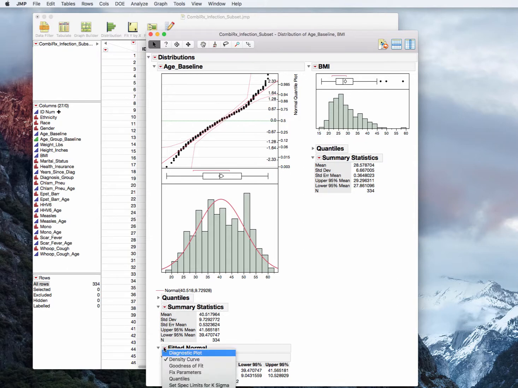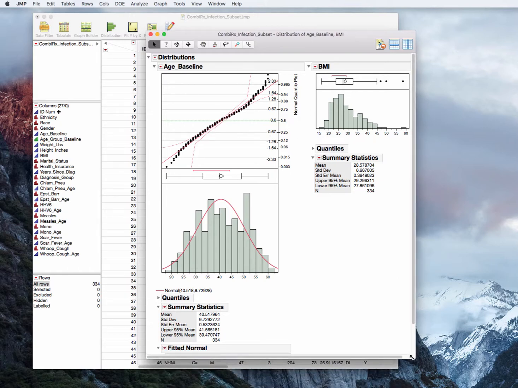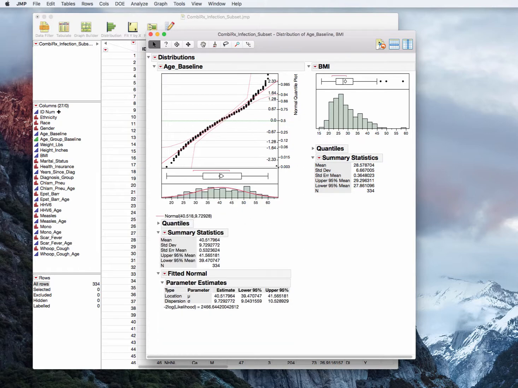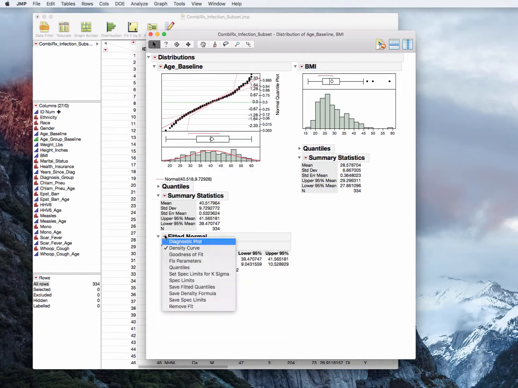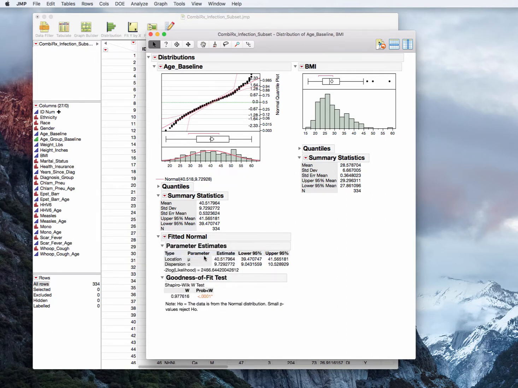Another thing that you can do is to test normality. So down below under the fitted normal, I'm going to make these smaller. Under the fitted normal, you can actually ask for a goodness of fit test, and JMP will give you a test of normality. We'll learn more about those later.